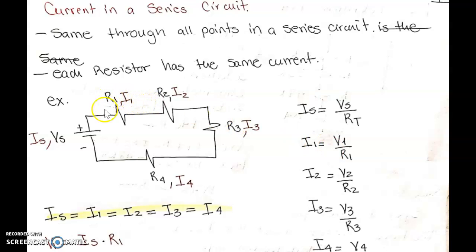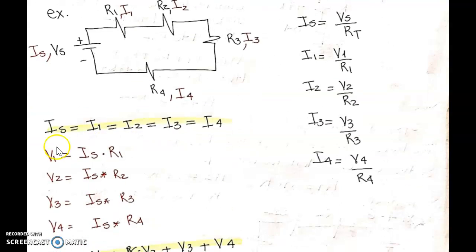If we want to find the current here, which is the same as the source, we would have to find the voltage across this resistor. But it is easier to find it from the source, because the voltage is usually given to us. So from there we can say I source equals I1 equals I2 equals I3 equals I4. It is constant all across.